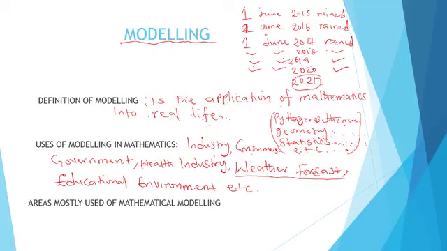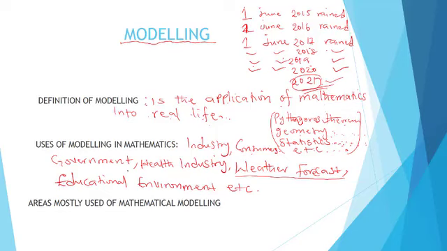If you are asked to choose one day of the year when there is a high tendency of us having a great shower of rain, the first thing that will come to your mind is 1st of June 2021, because analysis has shown that for the past years, we've seen so much rain on the 1st of June. So it will be right for you to predict that on a time like this, it's going to be raining in all parts of the world. The same thing is applicable to modeling.